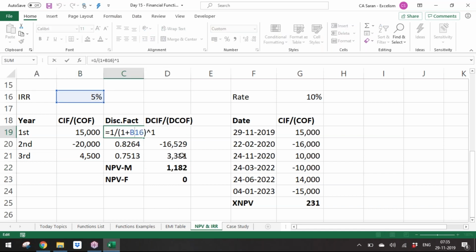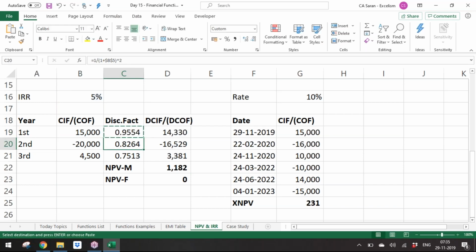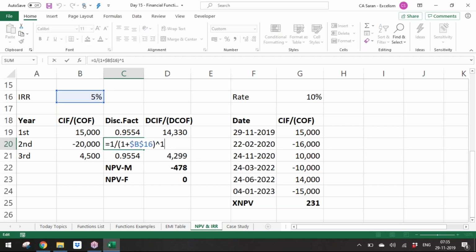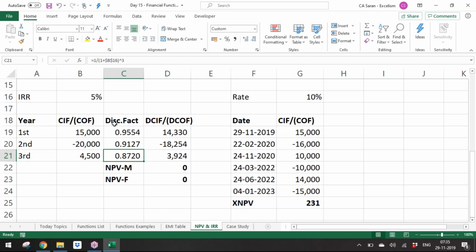Now let me copy this and paste below. See, hey, how come? Yeah, this is 2 and this is 3. See, if you keep your rate of interest at maybe 4.67 percent, then your NPV is exactly 0.